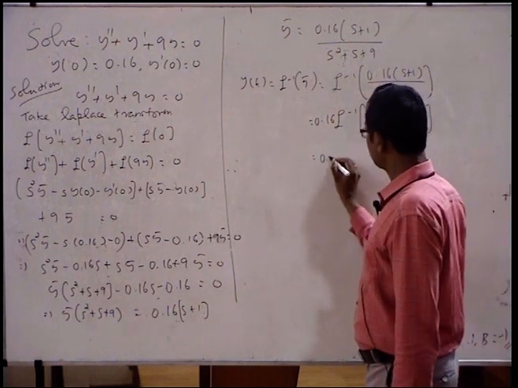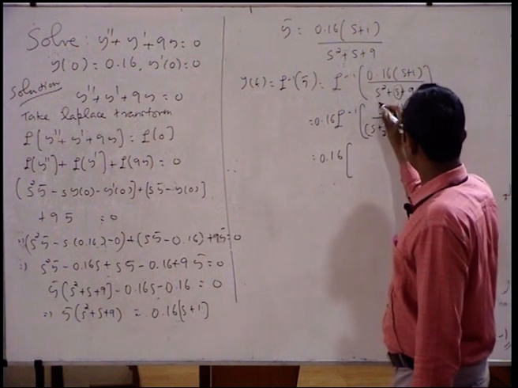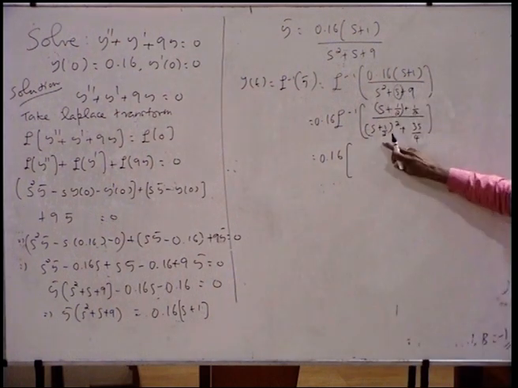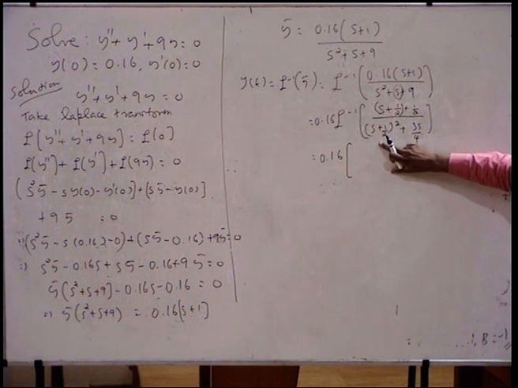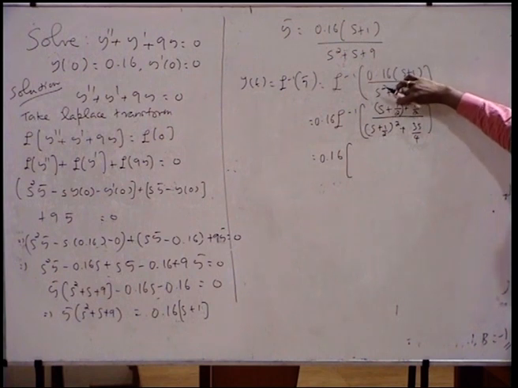Therefore, this is equal to 0.16 into L inverse of, if you consider the denominator, here the term s plus 1 by 2 is present, so correspondingly we have the term in the numerator also.